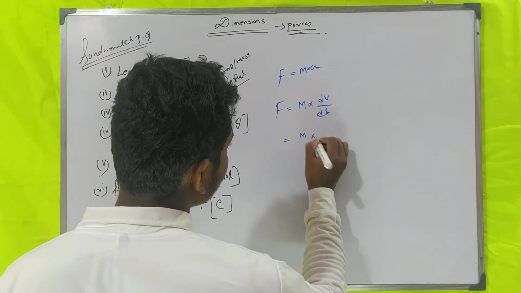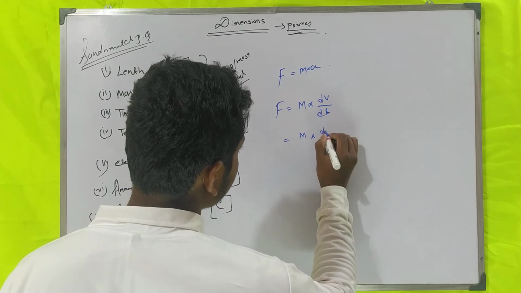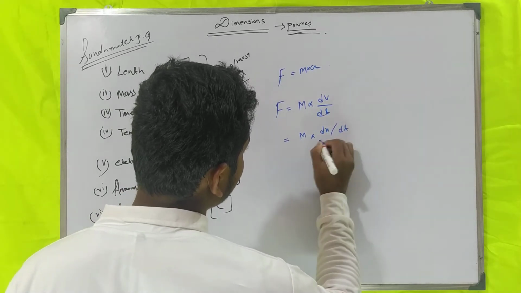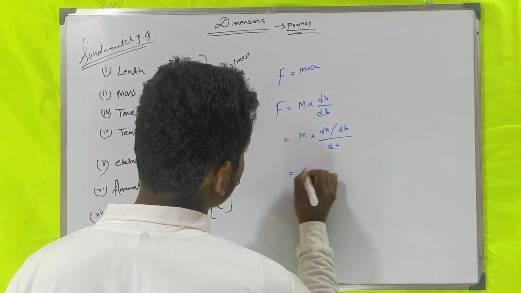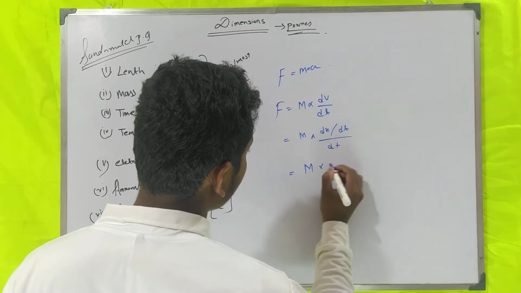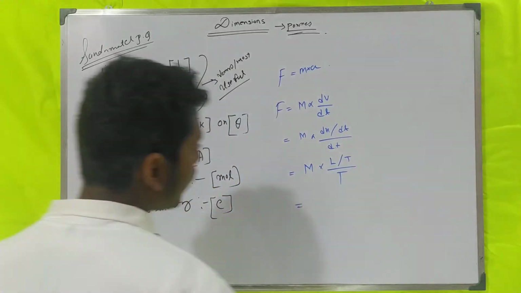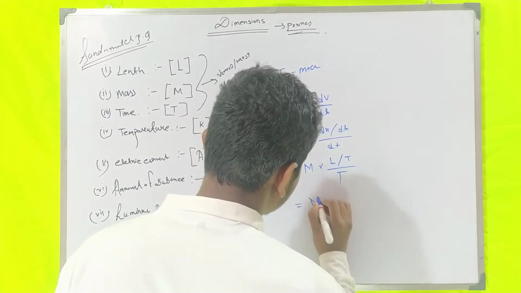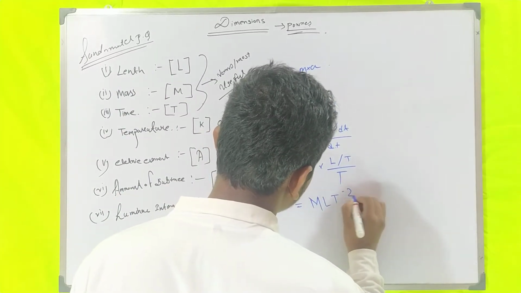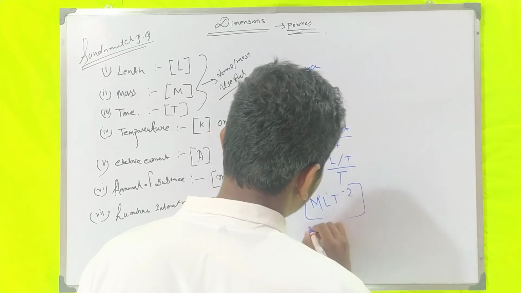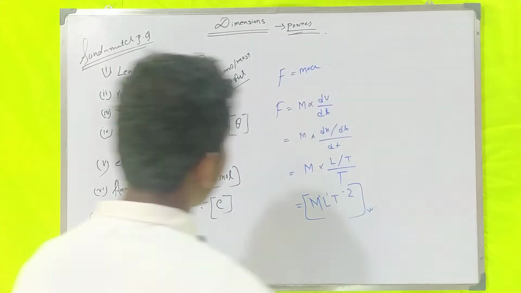Here dv is the velocity, so you can write dx by dt. M into, what is the dx? It is the length, L by t by t. So we can find the force is M L T to the power minus 2, meaning M^1 L^1 T^-2.